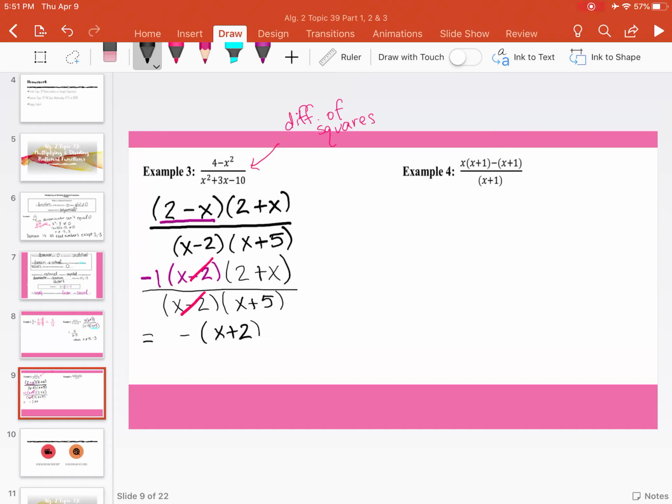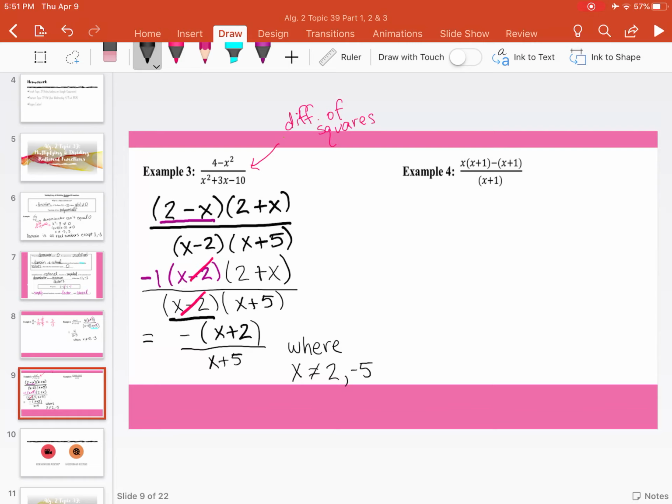Because addition is commutative, you can flip it. All divided by x plus 5. Now restrictions here, x is all real numbers except where x equals positive 2 from this part of the denominator, or negative 5.